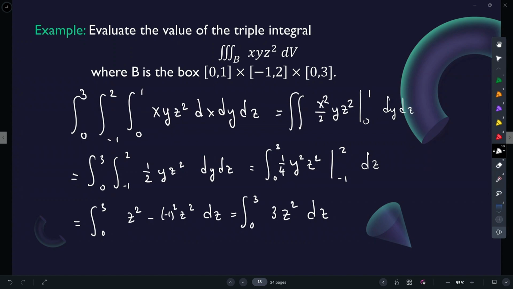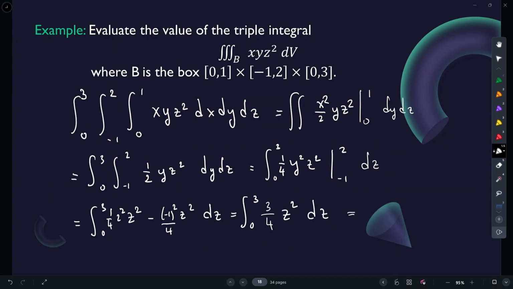So I am going to get a fourth, 2 squared, and at -1 I get that, so I'm going to get z squared minus a fourth z squared, which is 3/4 z squared.